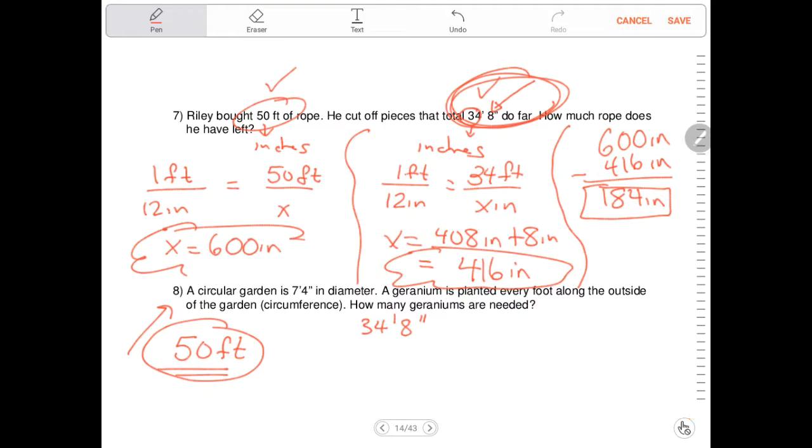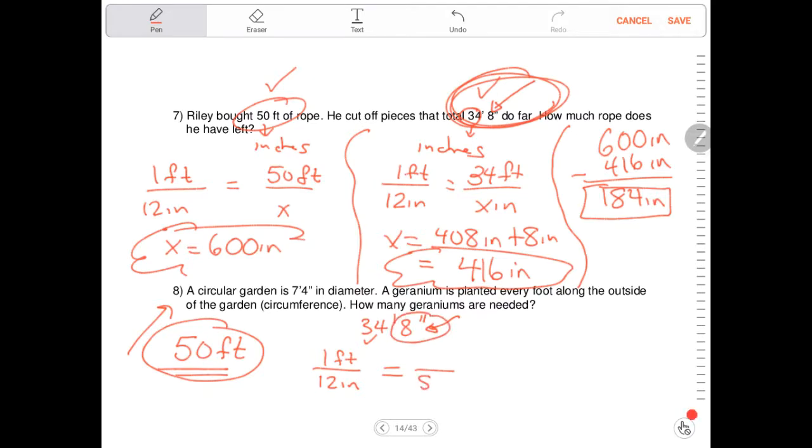Well, what has to change out of that? If you decided to leave everything in feet, the 34 is fine. It's this one that has to change. We need to change that inches into feet. You would use the cross multiply and divide. So we know that 1 foot is equal to 12 inches. Where does this 8 inches go, top or the bottom?